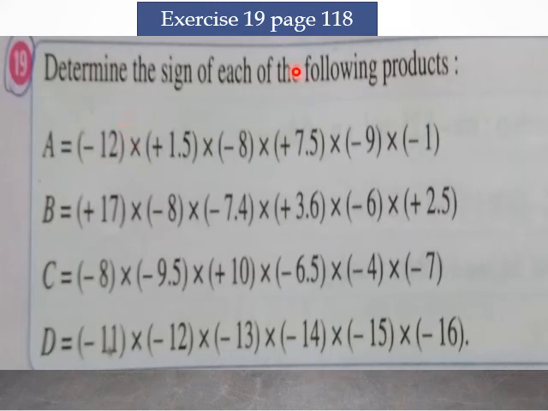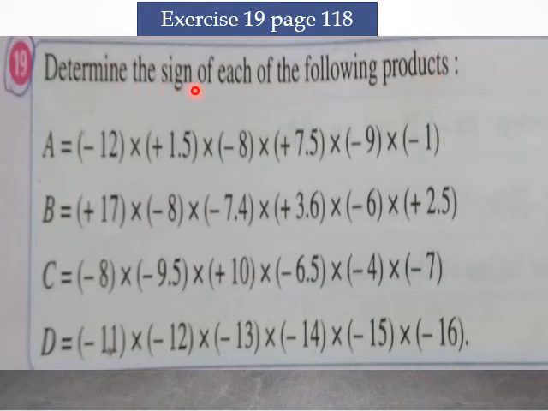Now, determine the sign of each of the following products. Again, if we have an odd number of negative signs, odd means 1, 3, 5, 7, 9, then the product will be negative. If we have an even number of negative signs, even means 2, 4, 6, 8, and so on, then the answer would be positive.